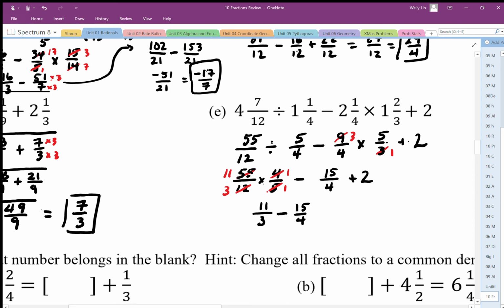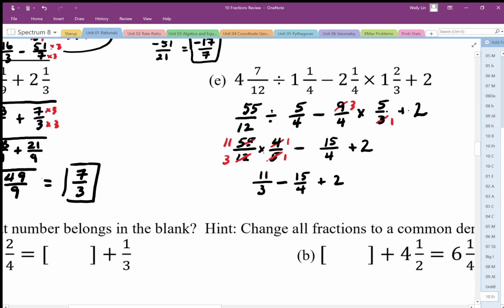And we need a common denominator here, so we're going to use a common denominator of 12. So this becomes times 4, times 4, times 3, times 3.